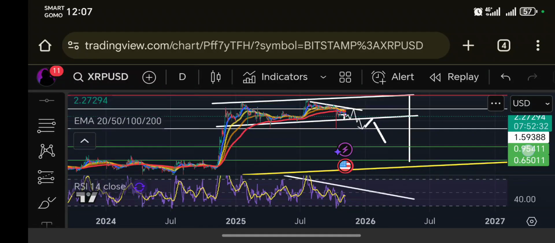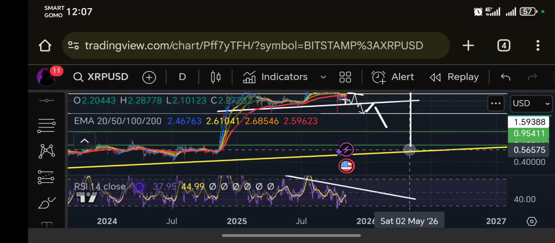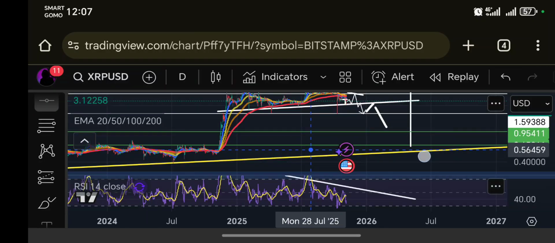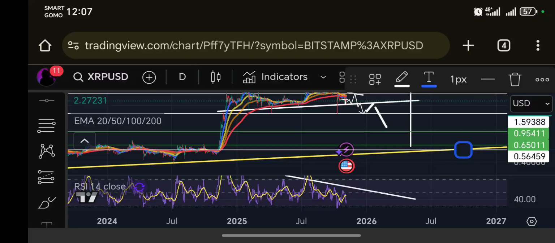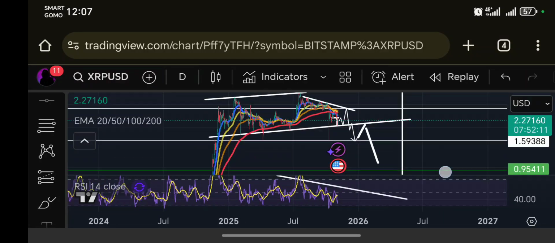First target is 0.95, then 0.65, and the last one is this one, 0.54 area. That's gonna be your last call. 0.56. Could be.